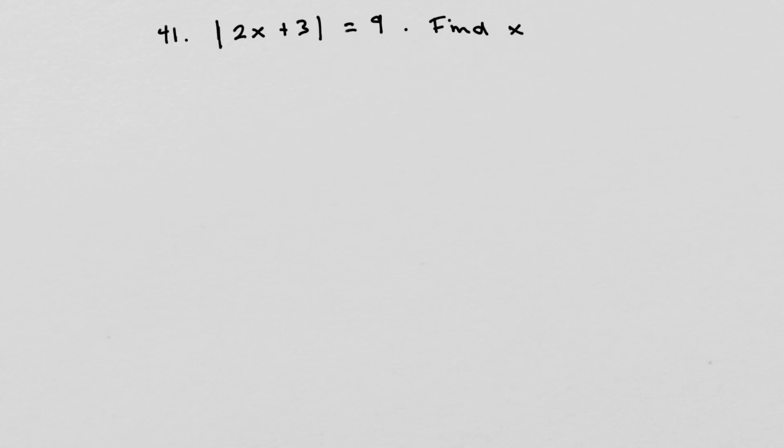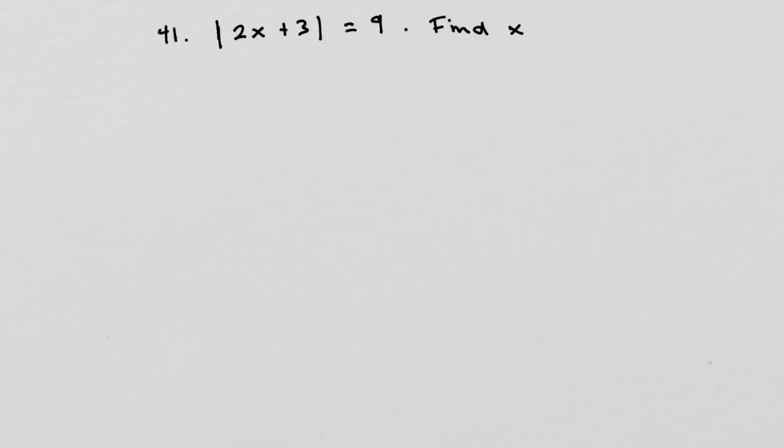Question 41. The absolute value of 2x plus 3 equals 9. Find the values of x. To solve absolute value questions, you will have to equate the value 2x plus 3 to positive 9 and then to negative 9.